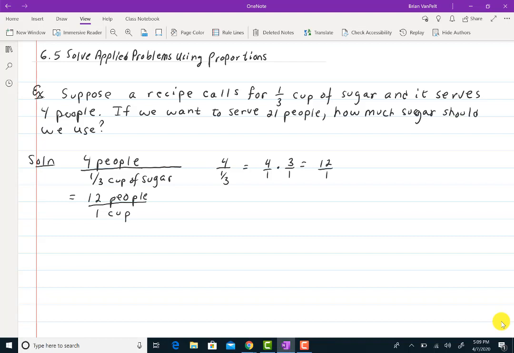Well, no matter how many people you have, if we want to increase that to 21, we keep this particular ratio or this rate for no matter how many people we have. So if we want 21 people, that means that I would want to change the 12 into 21 people.